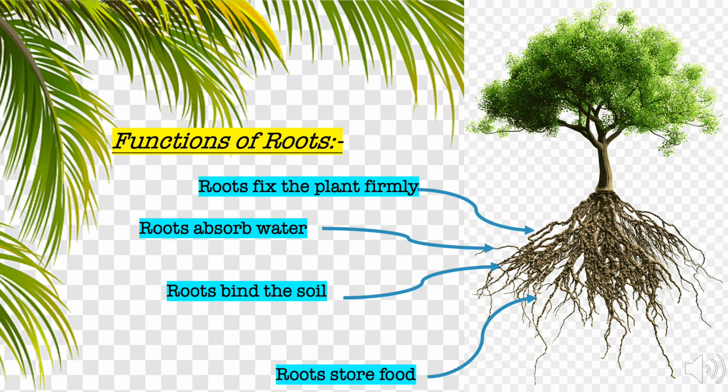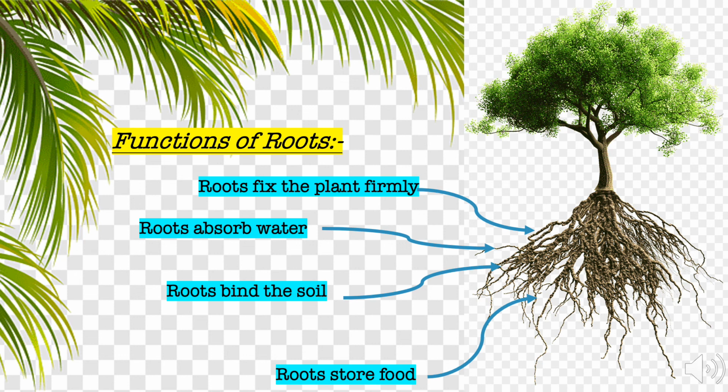So children, till now we understood the types of roots under root system. The first type was taproot system, which was a main root and then many branches were coming out from the main root. The second type was fibrous roots, which were like a shrub. Many branches and many roots were coming out from the base of the stem itself.